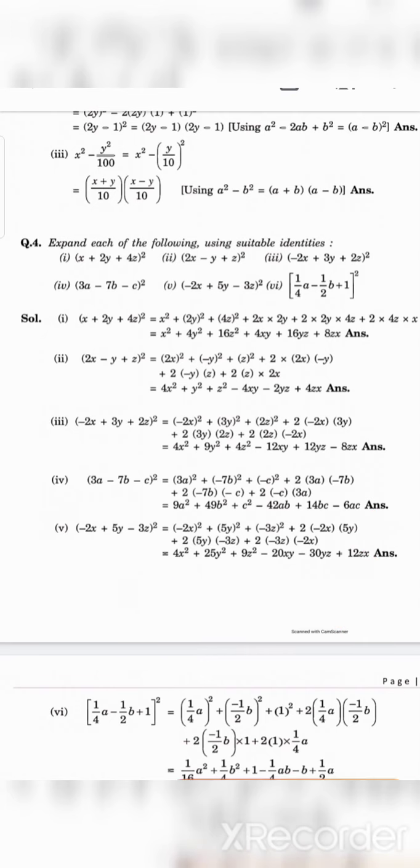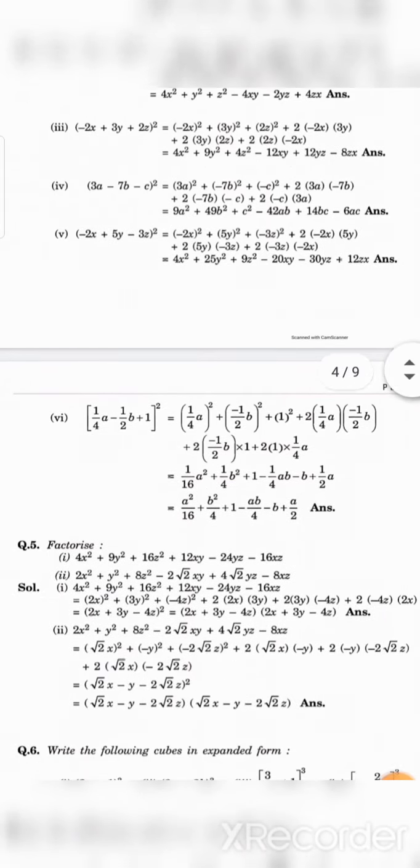Substituting all these values in the RHS of identity number 5, we get this step: (minus 2x) whole square plus (5y) whole square plus (minus 3z) whole square plus 2 into minus 2x into 5y plus 2 into 5y into minus 3z plus 2 into minus 3z into minus 2x. Multiplying this step, we get the expansion. The answer is 4x square plus 25y square plus 9z square minus 20xy minus 30yz plus 12zx.